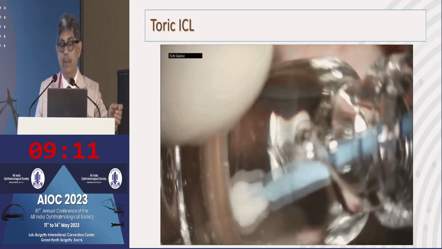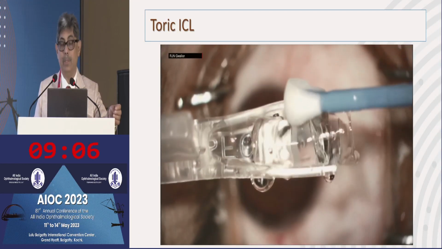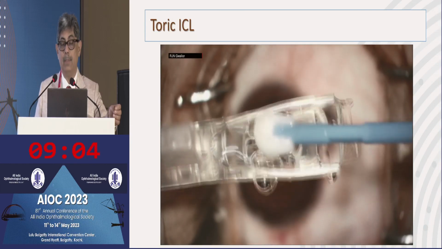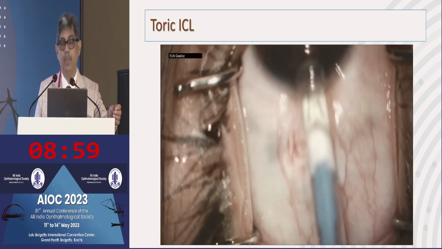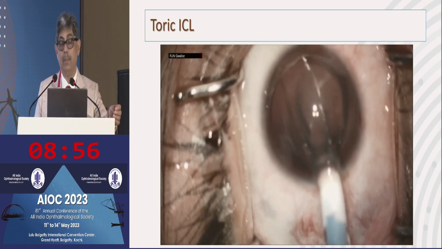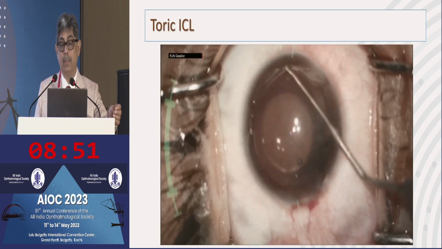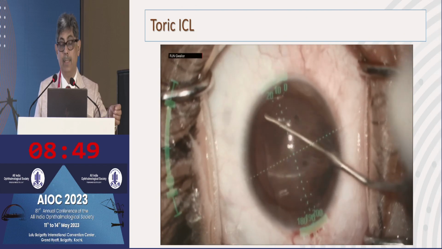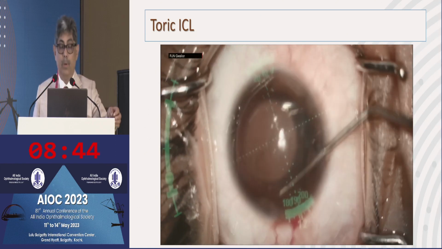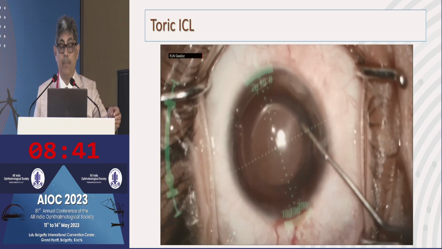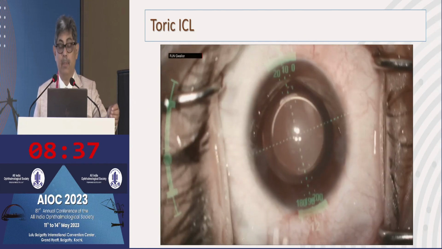We make a 3.2 millimeter incision. The lens comes in a BSS solution, and this is the cartridge. This lens is very thin, and with the front loading technique, we pull the lens into the cartridge nozzle, and with the soft tip plunger in the cartridge and injector system, the lens is pushed inside the anterior chamber in the presence of viscoelastic, and the four haptics, this is a plate haptic lens, are then pushed behind the iris with a special spatula.